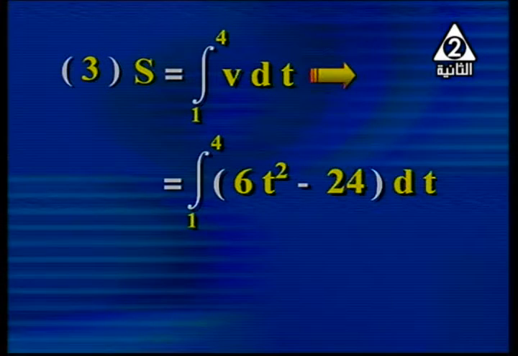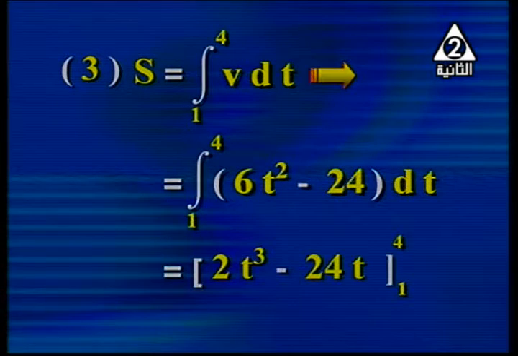By using integration of the velocity, what is the equation of the velocity? 6t squared minus 24. We integrate from t equals 1 up to 4. The integration of 6t squared is 2t cubed, minus 24t.